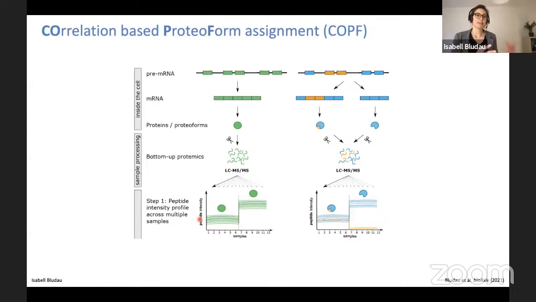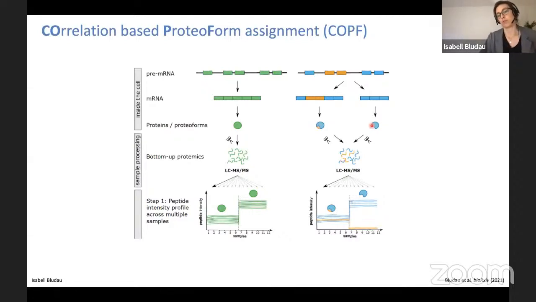And here the idea is exactly that if you have a single protein that is generated from a gene, then we perform bottom-up proteomic analysis. Then all of the peptides in theory should follow the same quantitative trend across a large data set. However, if we have a gene that actually results in different alternatively spliced mRNA isoforms that are then translated to different proteoforms, they can actually no longer be separated in a single bottom-up proteomics experiment.